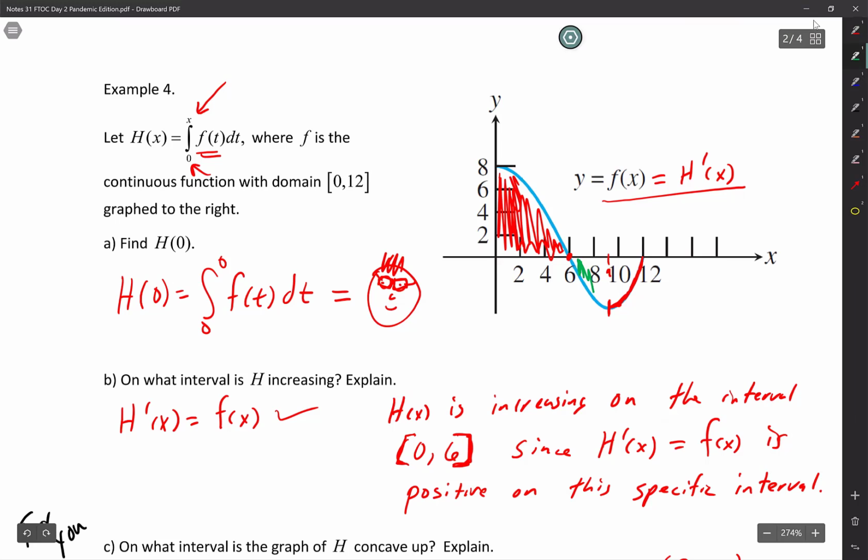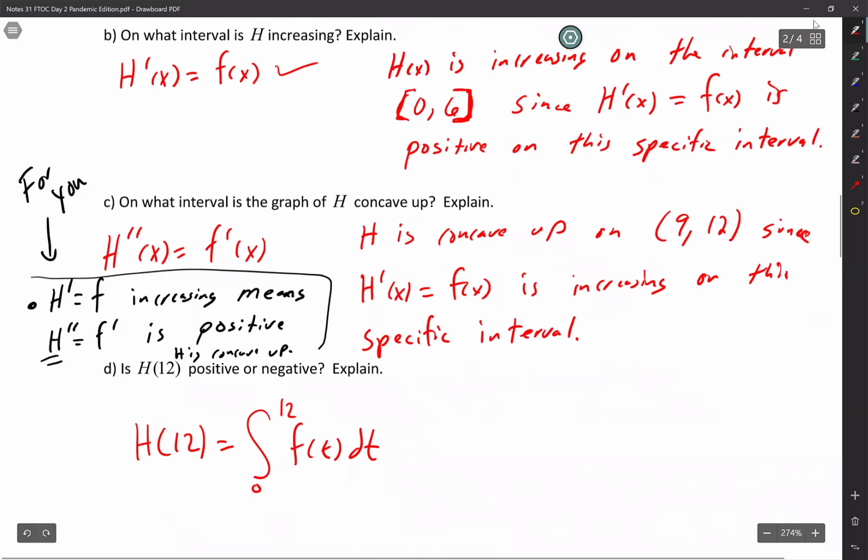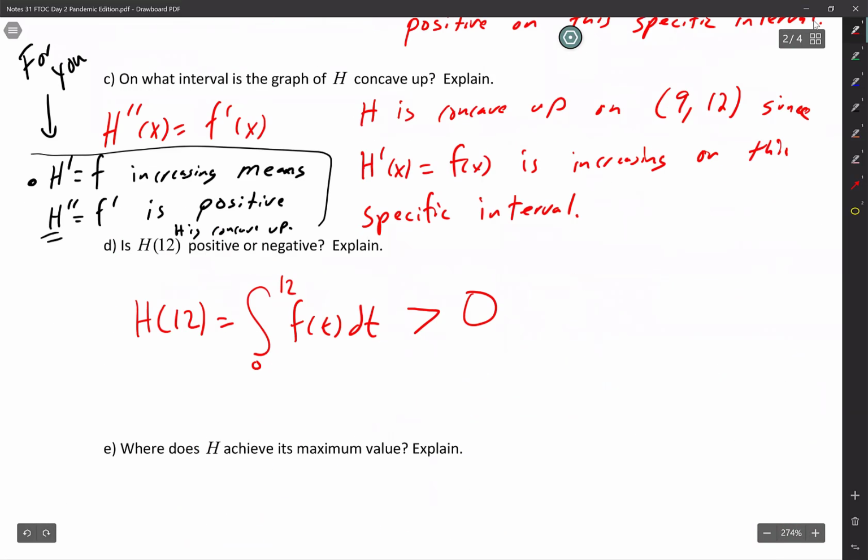This is green. Is there more red than green? Or is there more green than red? What do you guys think? More red. Definitely more red than green. So then this has to be positive.